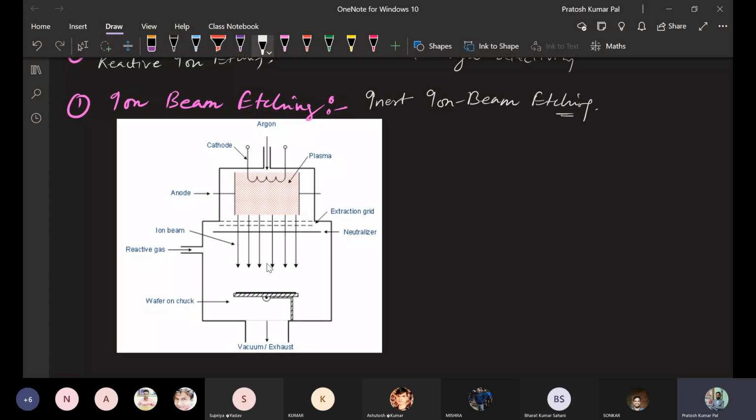That means inside this chamber, inert gas like argon will be introduced. So no chemical reactions will be taking place, as it is going to take place in an inert environment.